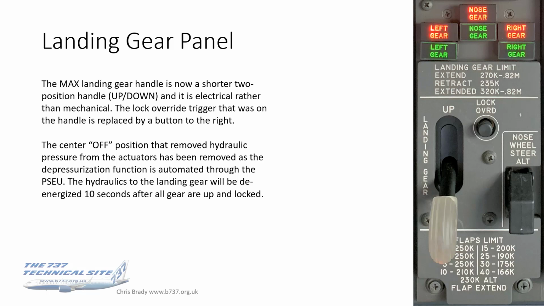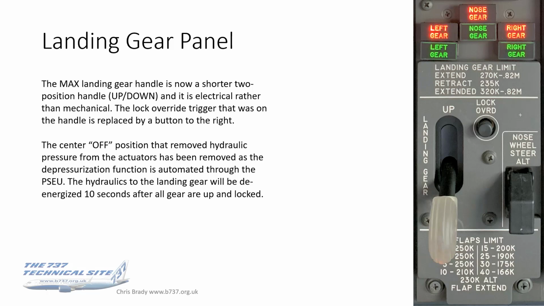So how did they manage to get rid of the off position? Well, if you think about what the off position did, why we had to do that, it was to depressurize the hydraulics from the actuators. Now that has been automated through the PSEU.